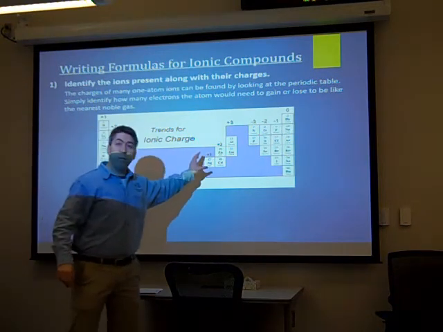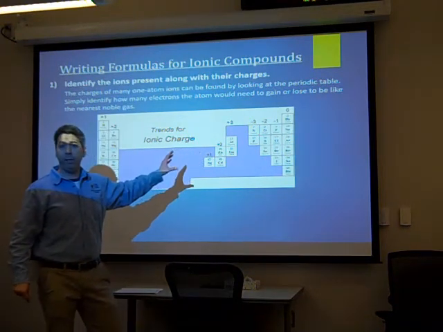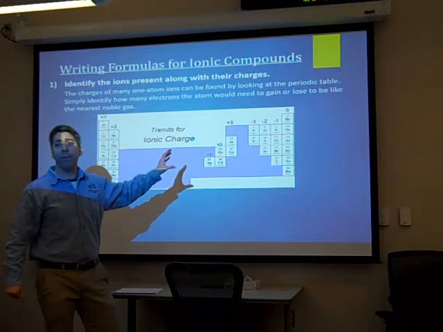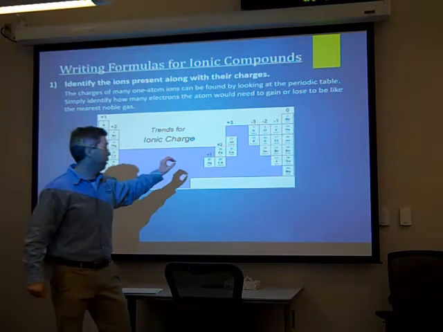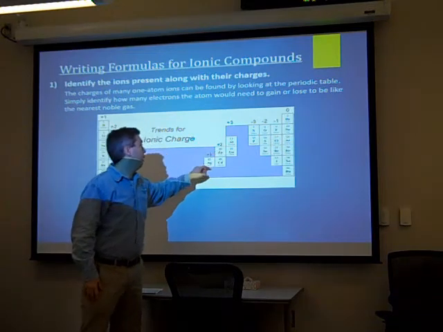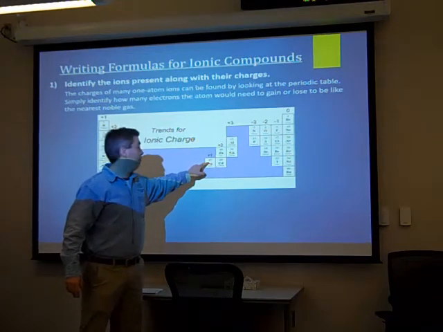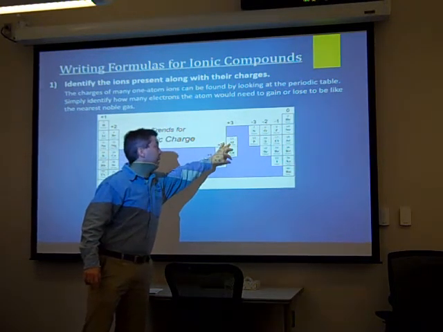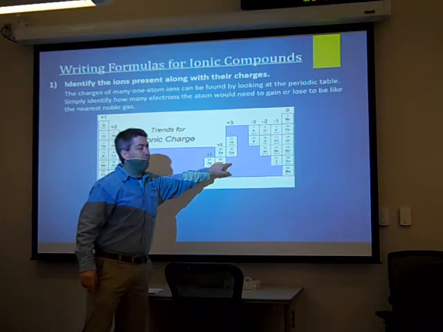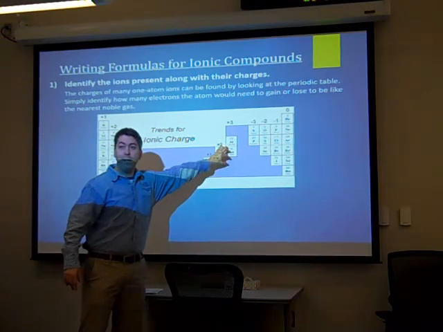There's this odd little group of transition metals in the transition metal area that you will have to memorize. And these do not have multiple charges. This group right here. Silver always has a plus 1. Zinc and cadmium always have plus 2s. And aluminum and gallium and indium also usually just have plus 3s.